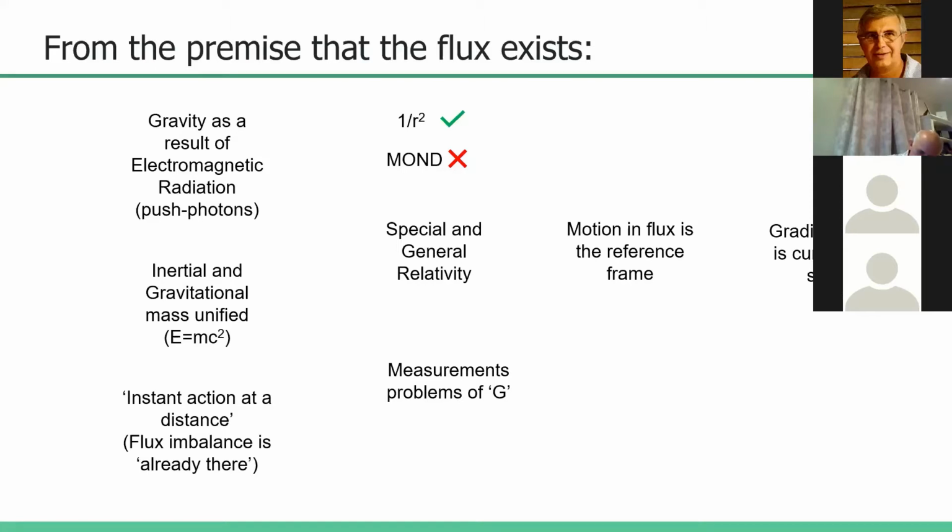Although we have a very good measure of G, it should be a lot better. Anyone who knows about the problems of the measurements of G will now realize it is because G is not a constant. And even though the flux may not vary a lot in our environment, any slight variation will cause a variation in G, and your G measurement will be affected badly.